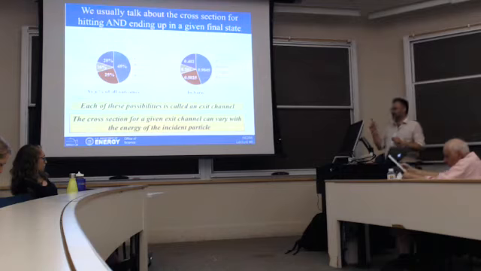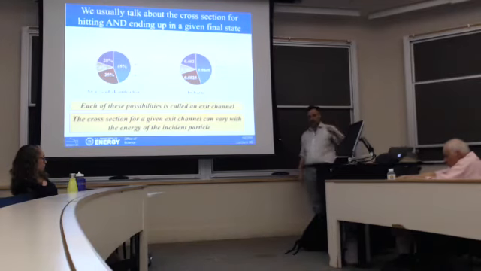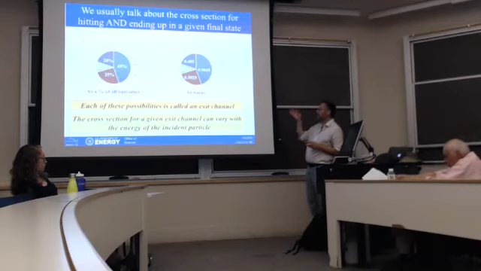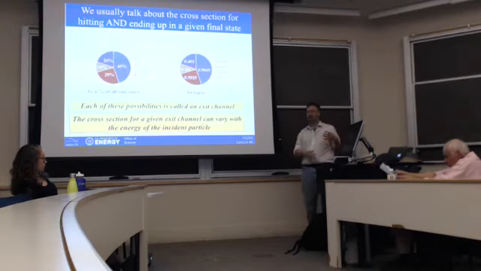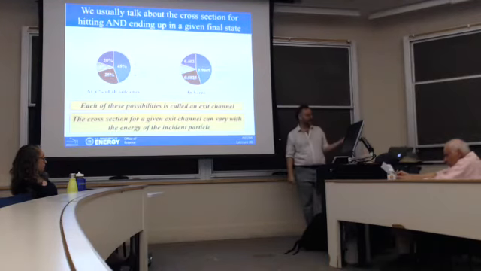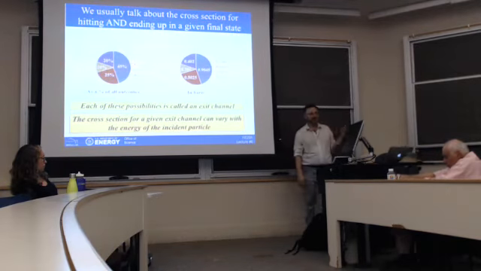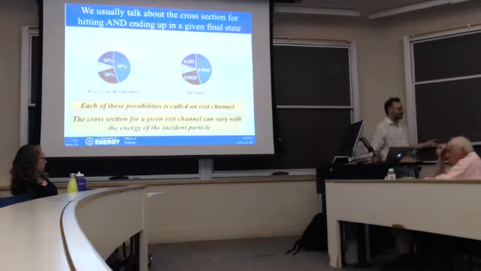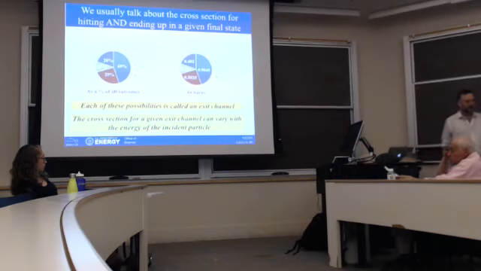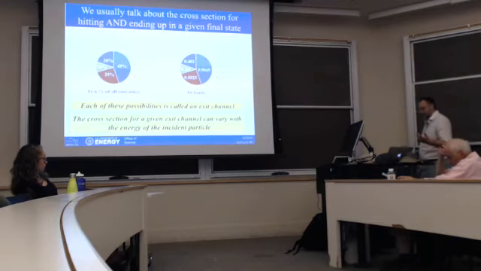But as I increase the speed of the projectile coming in, my probability for fission relative to capture might increase, or my probability of inelastic scattering relative to elastic scattering might increase. The individual probabilities can shuffle around. The size of the nucleus is pretty constant.